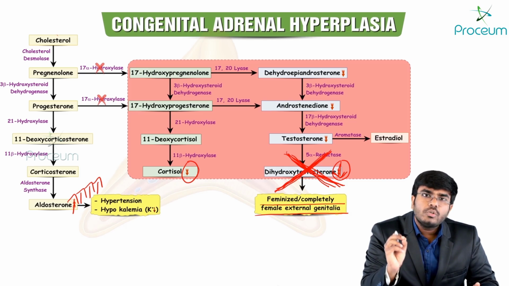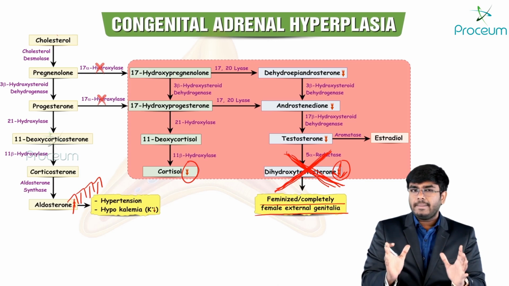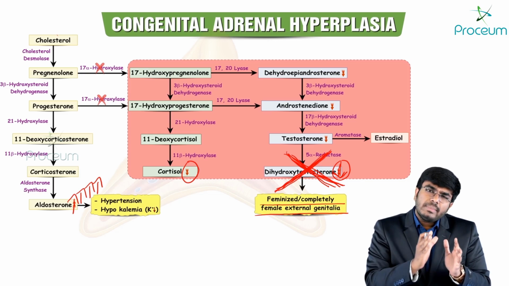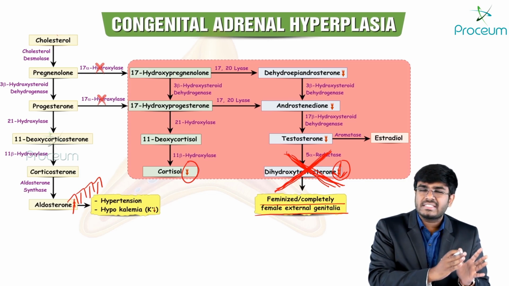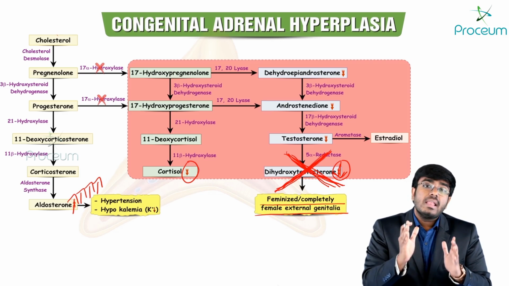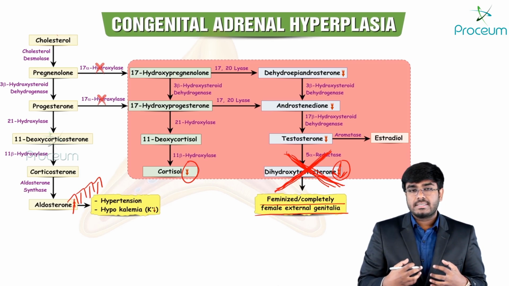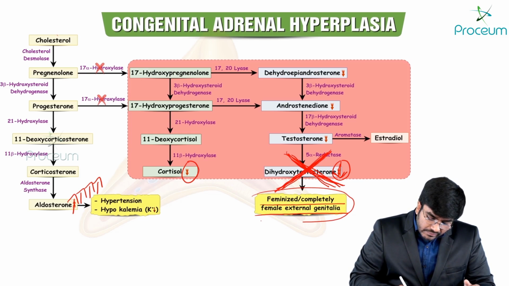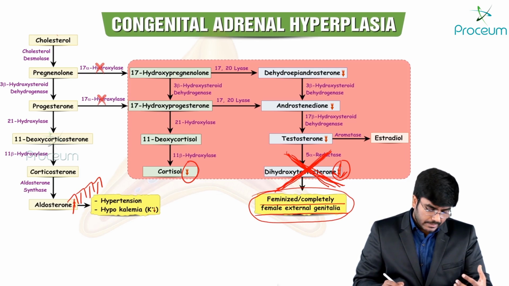So what I am trying to put into your mind is that congenital adrenal hyperplasia classically is going to affect female fetuses, and female fetuses will have this virilization, in the normal 21-hydroxylase deficiency forms. There are certain forms of congenital adrenal hyperplasia like 17-alpha hydroxylase deficiency where a male fetus can be affected, and this male fetus can develop feminized or complete female external genitalia.